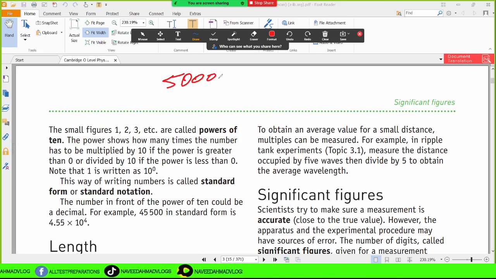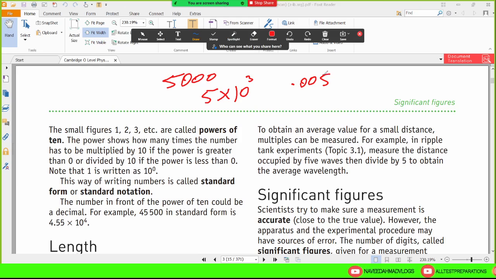5,000. So can you write it in scientific notation, like 5 times 10 to the power of क्या हो जाएगा यहाँ पे? It will be 10 to the power of 3. Good. What about 0.005?